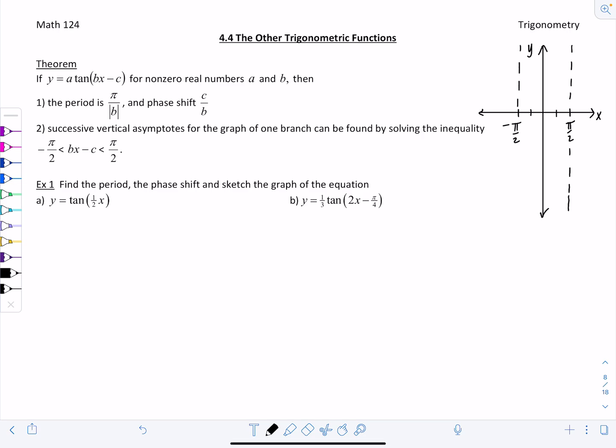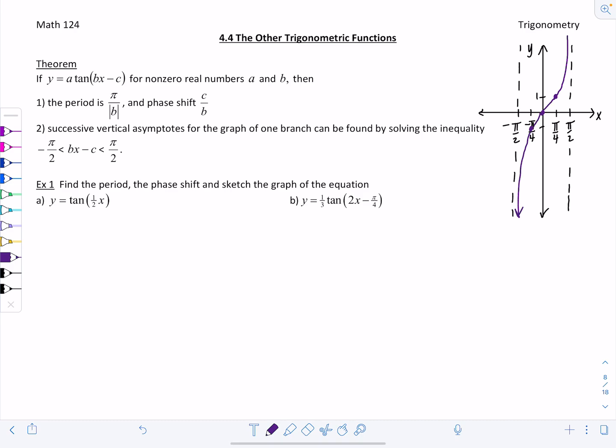Instead of 5 key points, you're going to graph 5 things: 2 of them being the asymptotes at pi over 2 and negative pi over 2, and then we have 2 key points, pi over 4, 1, and negative pi over 4, negative 1. So tangent's graph goes through 0, 0, pi over 4, 1, negative pi over 4, negative 1, and it hugs those asymptotes at pi over 2 and negative pi over 2.